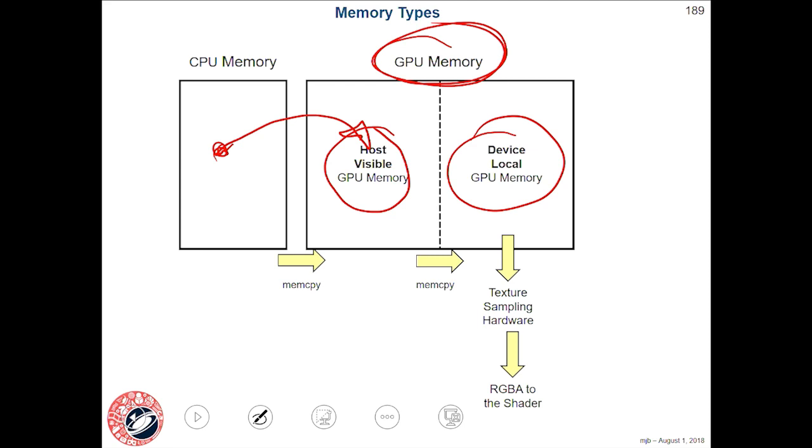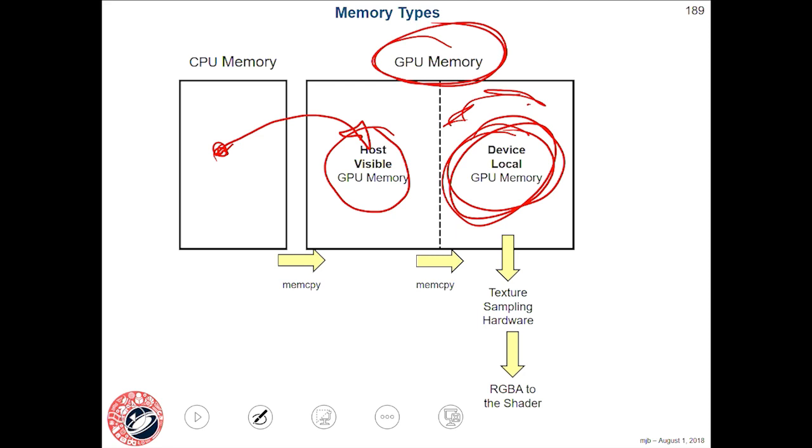But texturing is meant to be a very fast, efficient operation. It has to be. Look at what you're doing with grabbing all those texels and sampling them and averaging them and bringing them back out and stuffing them into pixels. And so this memory is meant to be much faster. And this memory works within the GPU and is not touchable by the host.